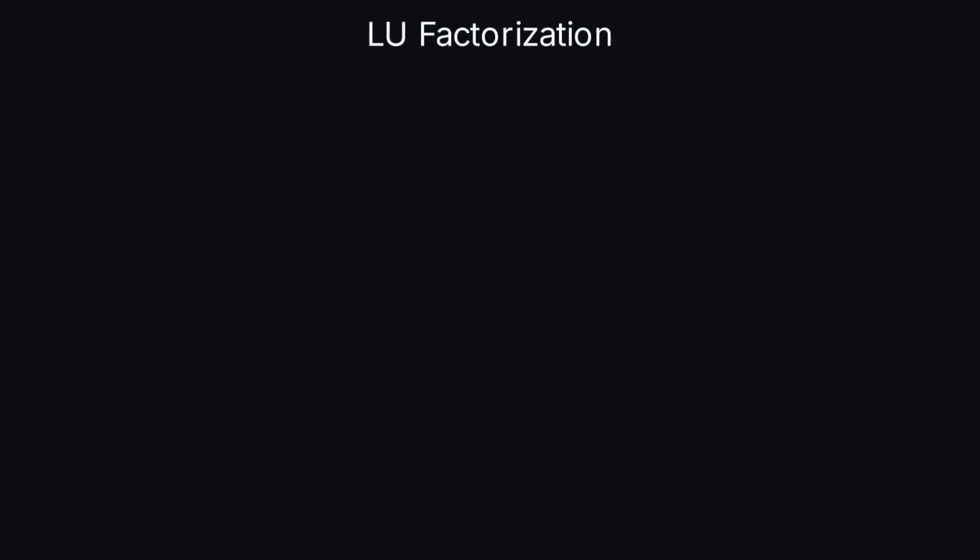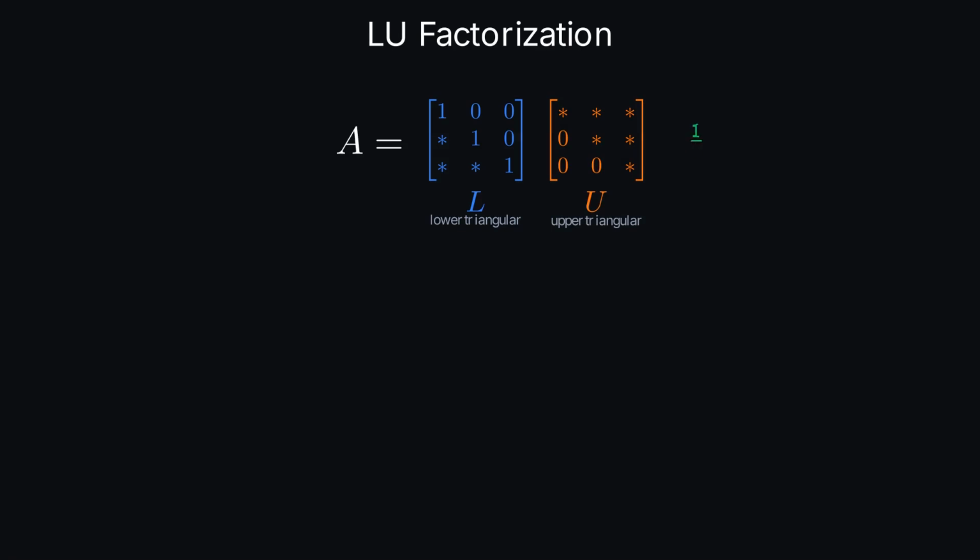This is the practical motivation for LU factorization. By storing the multipliers in L and the reduced rows in U, we preserve the expensive 1/3 n cubed computation. It never needs repeating. Every new right-hand side costs only n². We show A equals L times U, where L is lower triangular and U is upper triangular.